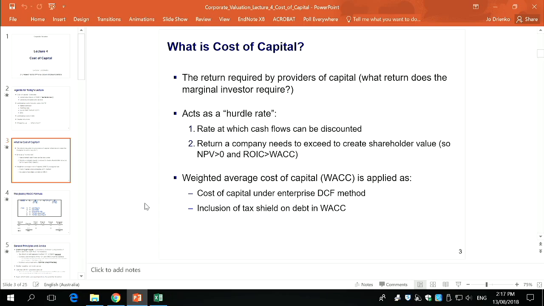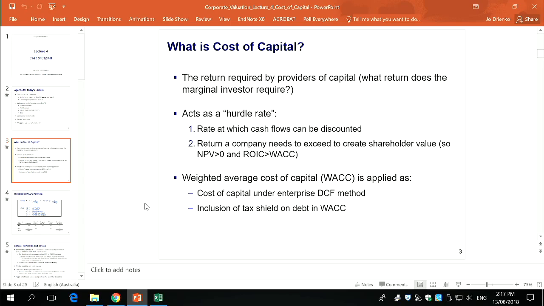In other words, it is investing in positive NPV projects. You've seen that in your introductory finance. If the project NPV is bigger than zero, you invest because you create value. Same thing with ROIC and WACC. If you have ROIC bigger than the WACC, the company is making money.